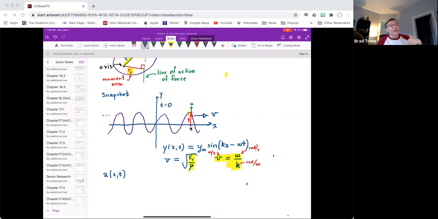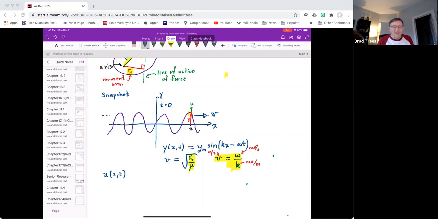Well, this little piece of string is moving along the y direction, and velocity is still rate of change of position, just like in chapter 2, except now it's the rate of change of y position because the string is moving parallel to y. So it's the derivative of y with respect to time that's going to give us this transverse velocity.